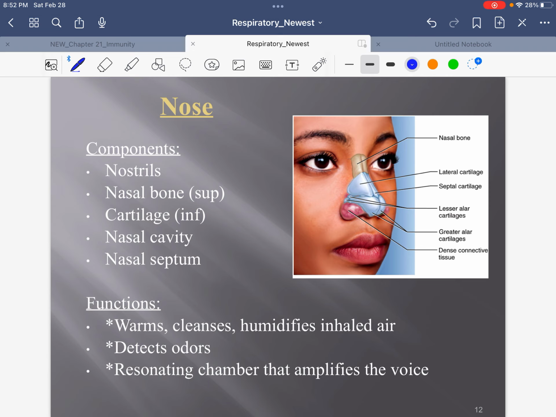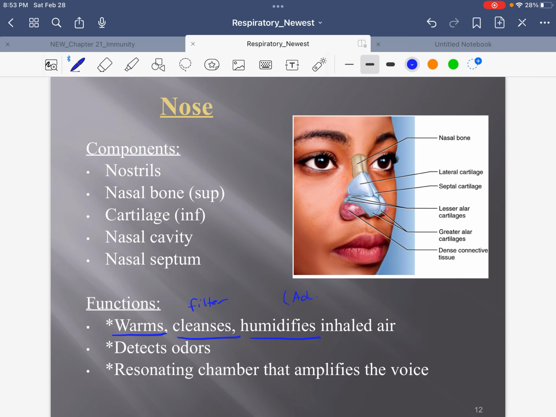So let's just do it very quickly and we'll add the function. The nose, nasal cavity. Its function is to warm, cleanse, and humidify the air. We're going to see this as a trend in the entire upper and even to the trachea, the beginning of the lower respiratory tract. We want to warm the air, cleanse or filter it, and humidify.